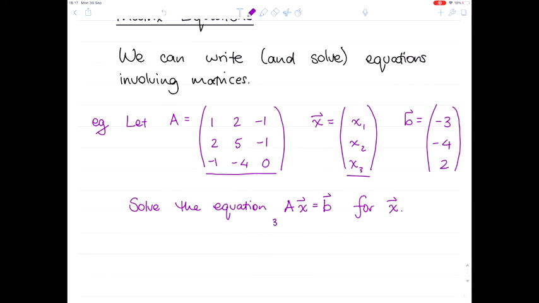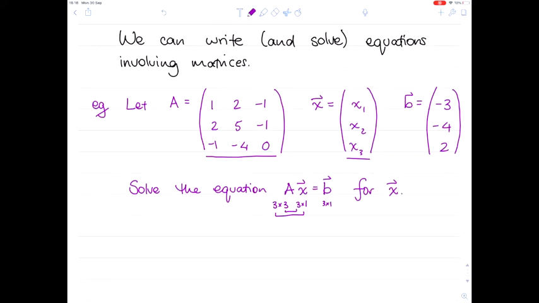A is 3 by 3, X is 3 by 1. So we can multiply those together and we should end up with a 3 by 1. So this is a valid matrix equation. We could ask, what are the values of x1, x2, and x3 that make this equation valid?